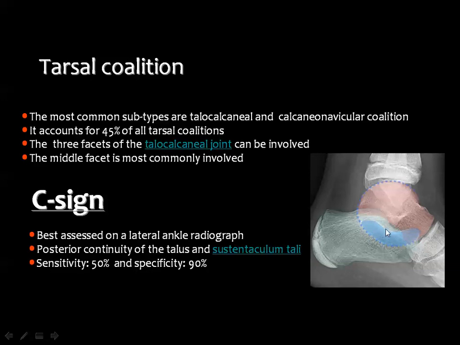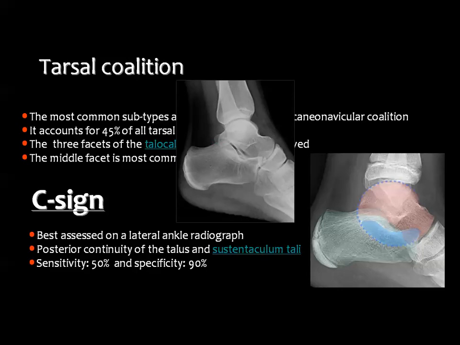But in cases of tarsal coalition, the bone will be continuous to form a figure like the letter C. If you can identify this C, it is a good observation to suspect the presence of talocalcaneal coalition.